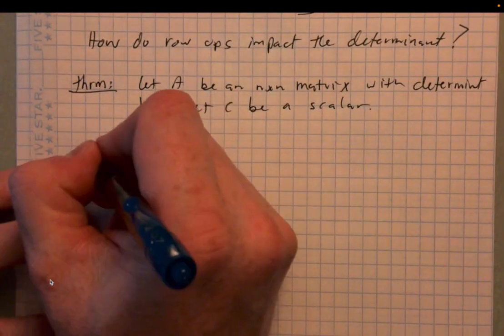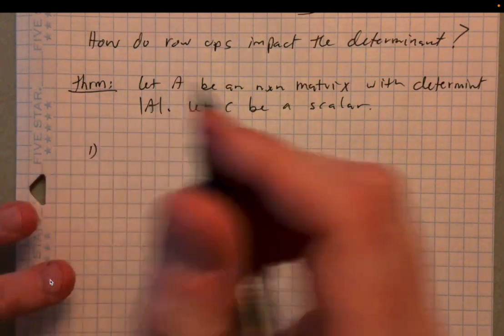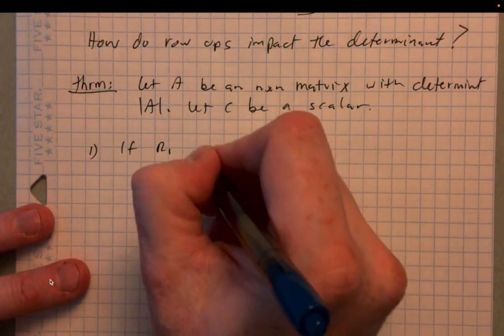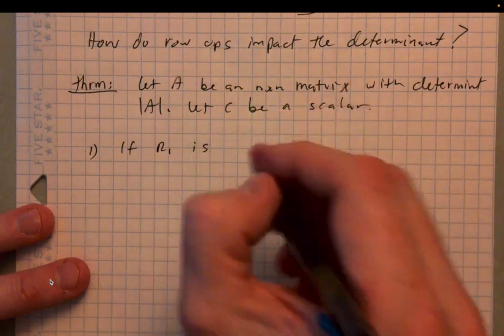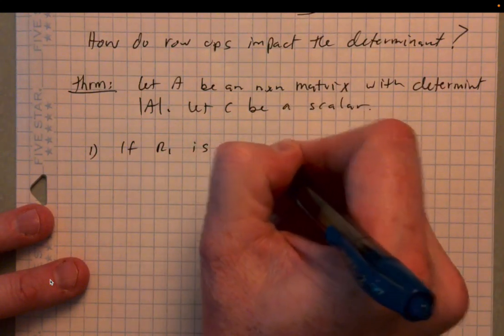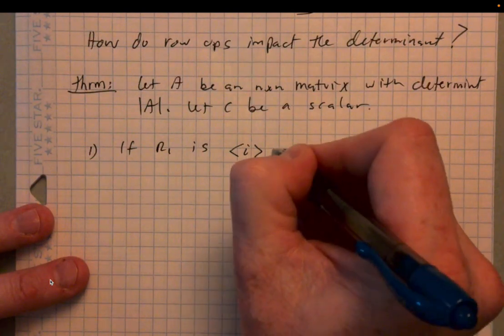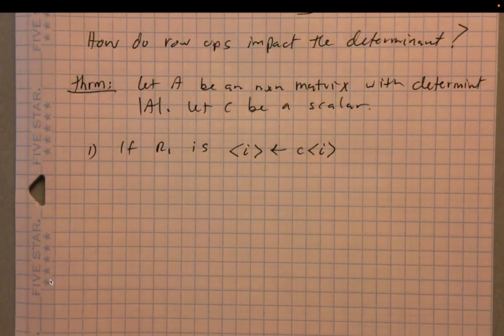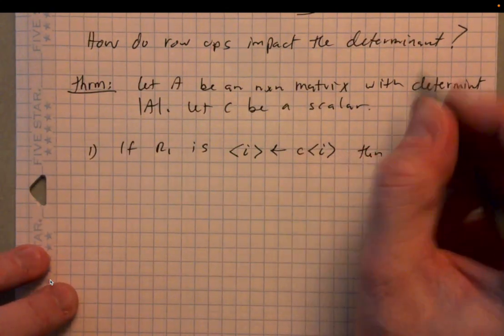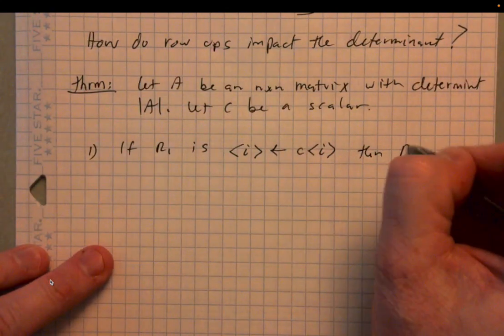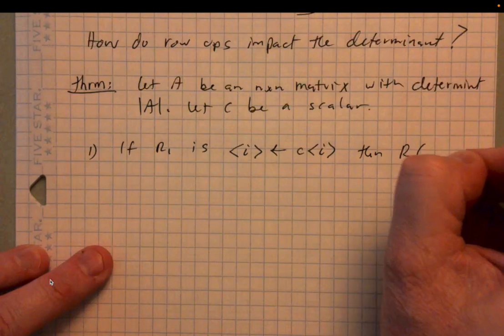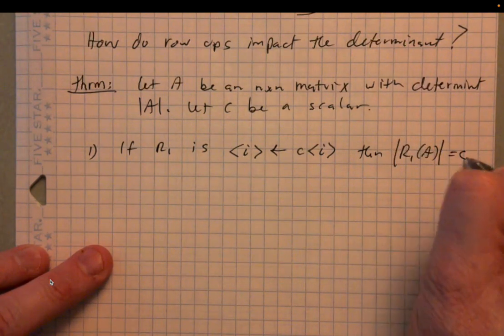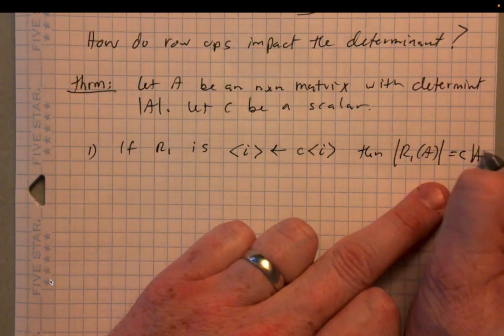We'll start with row op 1. So if row operation 1 is, you take a constant times a row, and that becomes the new row, then the row operation 1 applied to A, the determinant of that matrix is equal to the constant times the determinant of A.